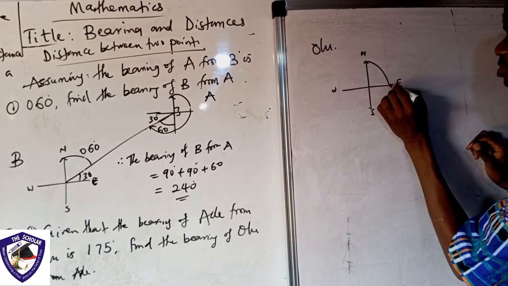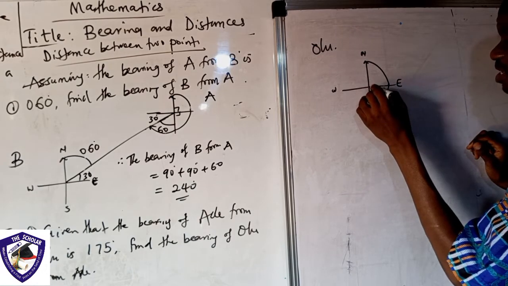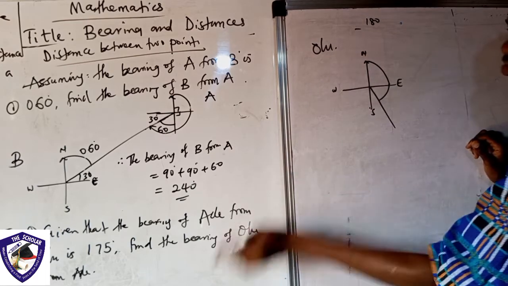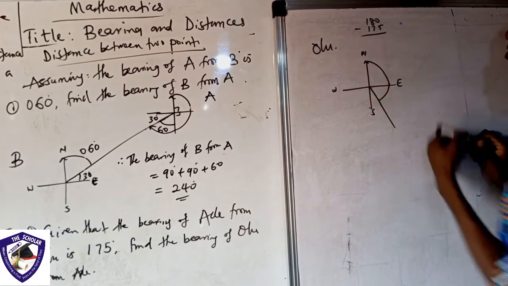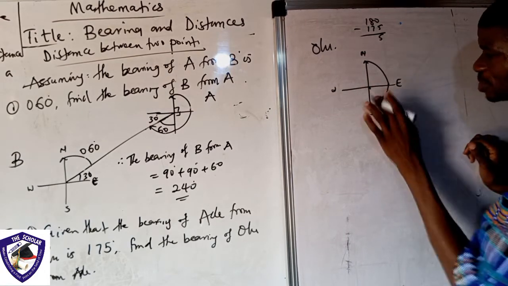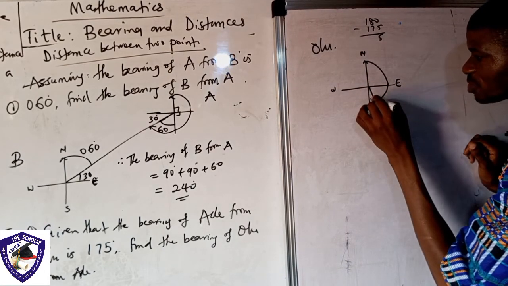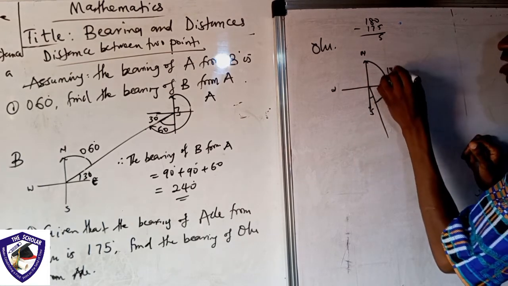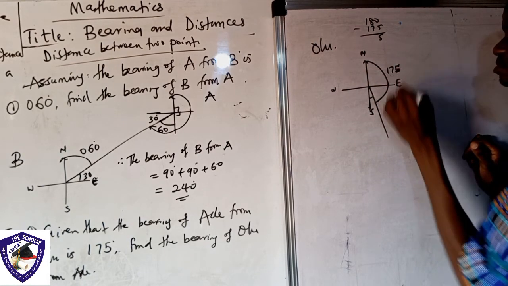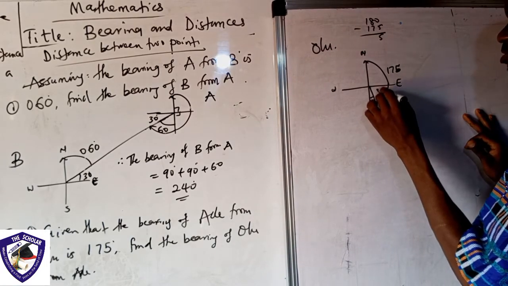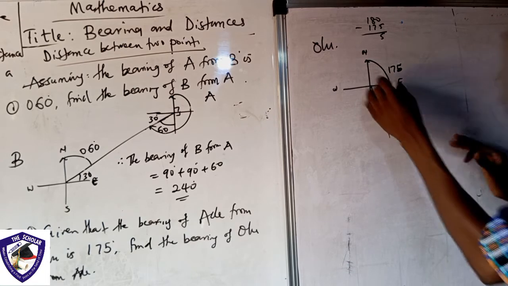So the remaining portion will be 180 minus 175, and that gives us 5 degrees. So the remaining portion here will just be 5. So this is 175 degrees. So if this is 5, then this one will be 85 degrees. And this is 90.